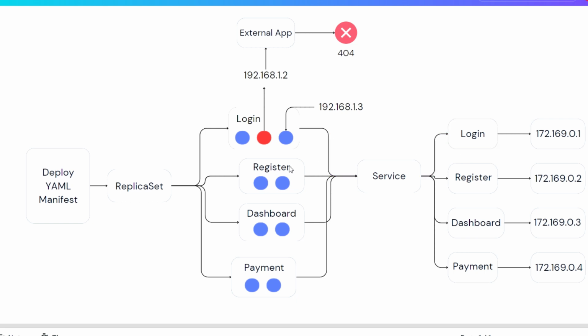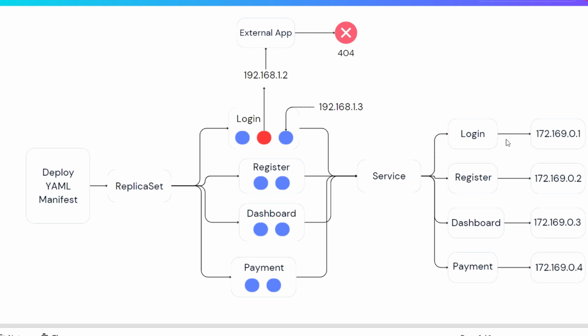If some pod eventually dies, it has a name associated with it that is present in the YAML manifest. When the replica set creates the new pod, it will create it with that particular name, and the service will find that there are totally 8 pods, one pod died and a new pod was created. That new pod has the name login, and in accordance with login it is assigned to that particular group. Therefore there is zero downtime and it is accessible, and the services will provide unique IP addresses.